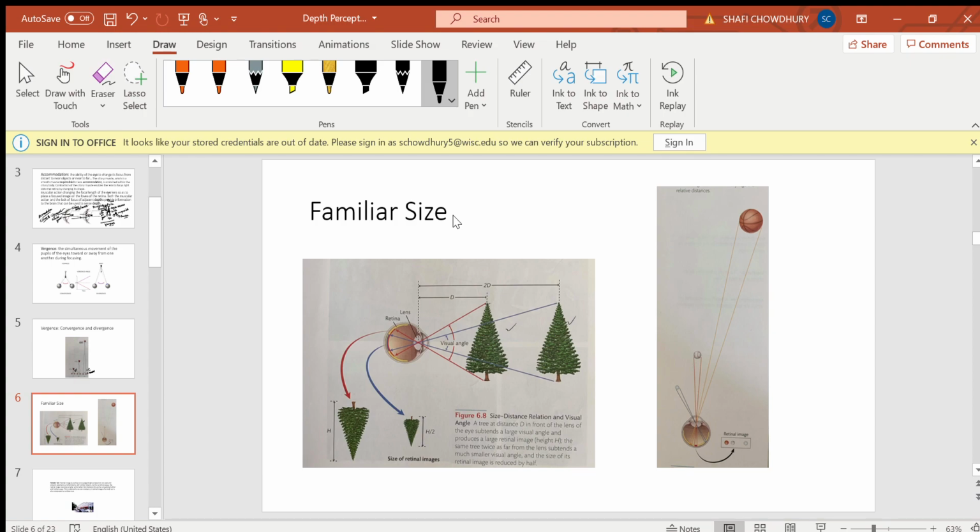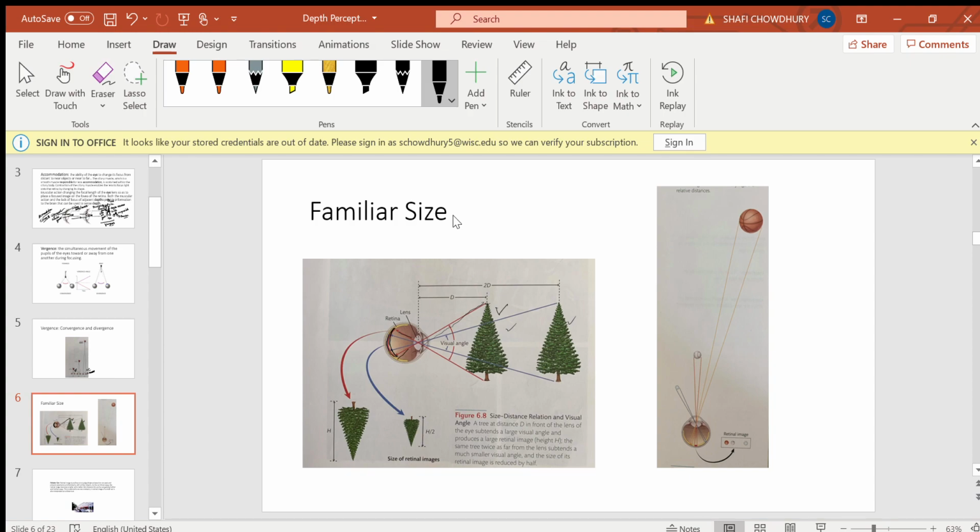And now this one is near to your eyes, so the picture that falls on the retina, from the red lines going to the retina, is much larger here. This is the size of the picture on the retina, two red lines here, right?